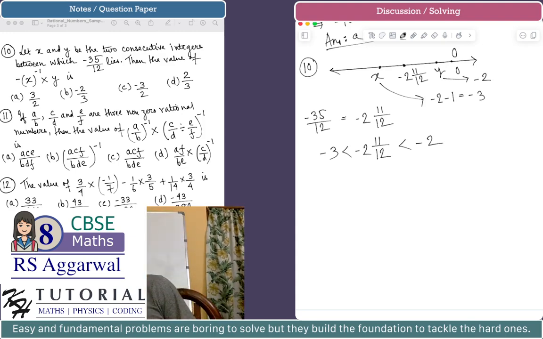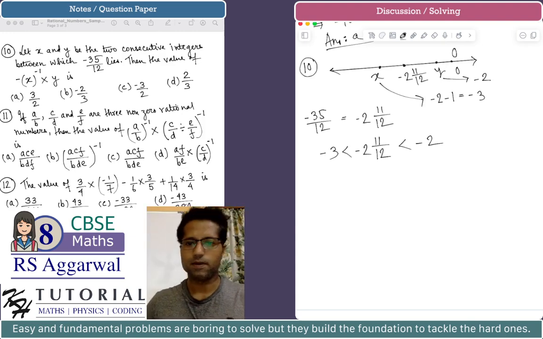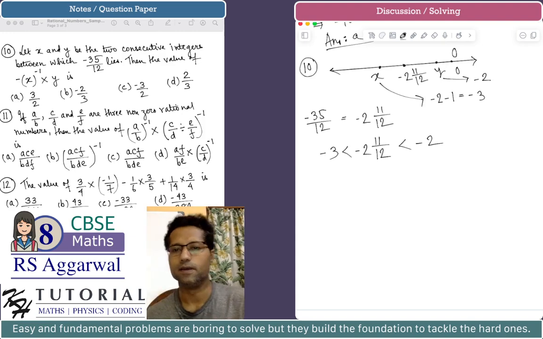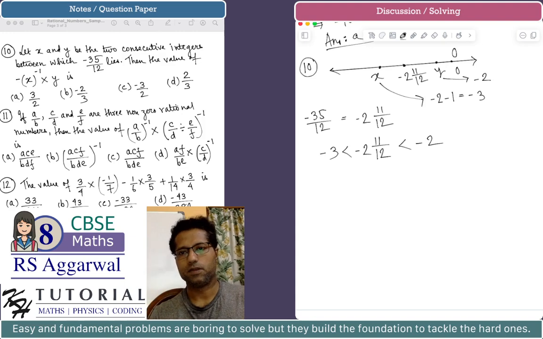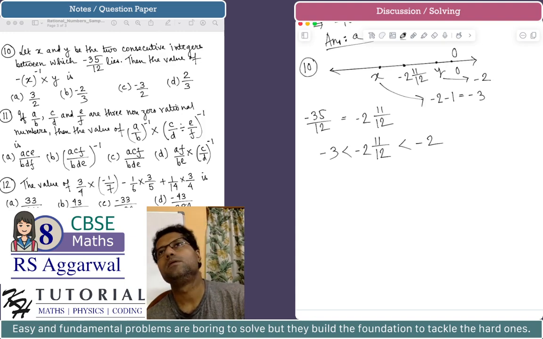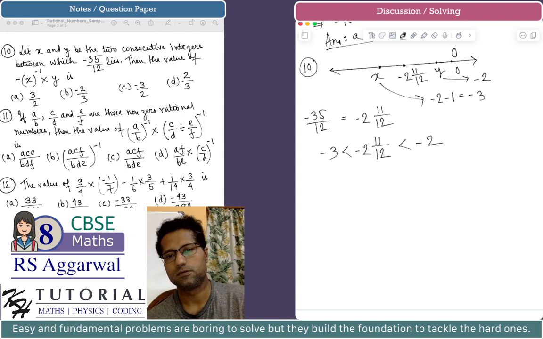It is given that x and y are two consecutive integers and -2 and 11/12 is lying between them. So the two consecutive integers between which -2 and 11/12 lies have to be -3 and -2.